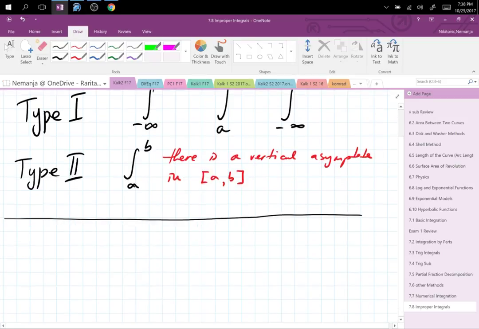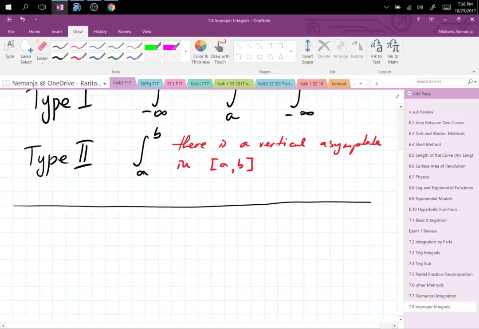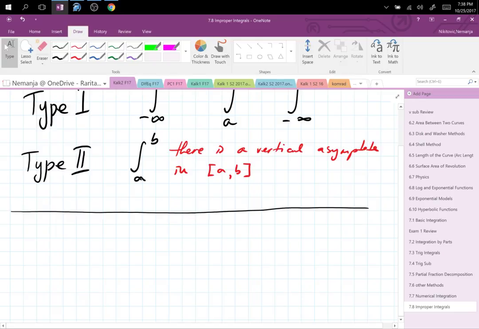So type 1 is extremely simple because you see that there is an issue. You take a function, say 1 over x, and you are interested in the area on the interval 1 to infinity.